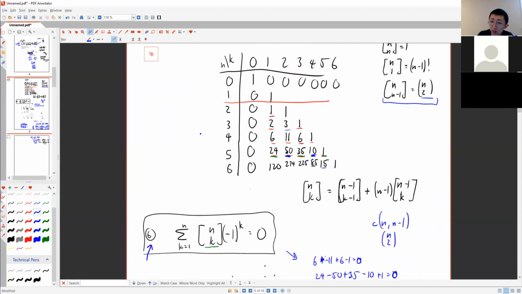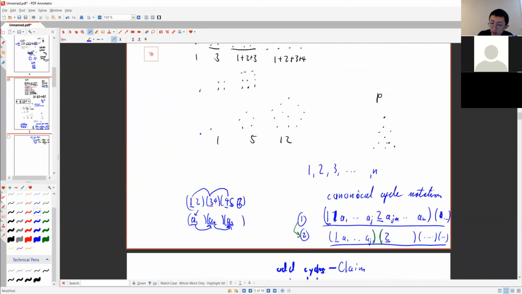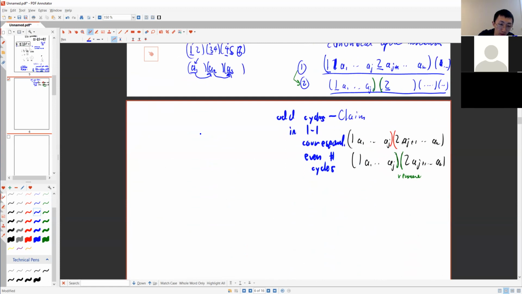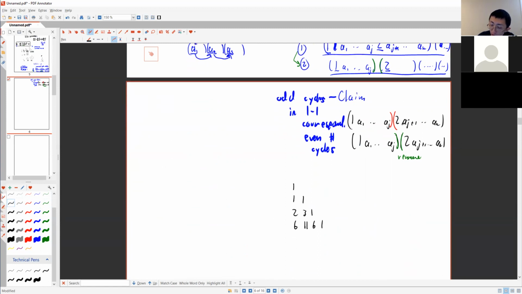There's one other interesting thing we can notice, which is, here's our table. I'll just not write in all the zeros. So the first row, let's see. So how should I state this?